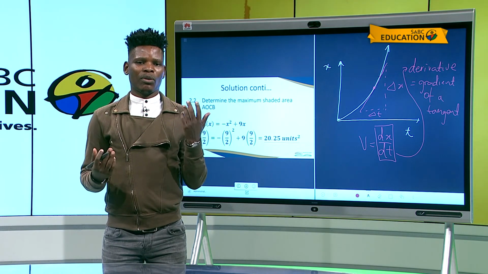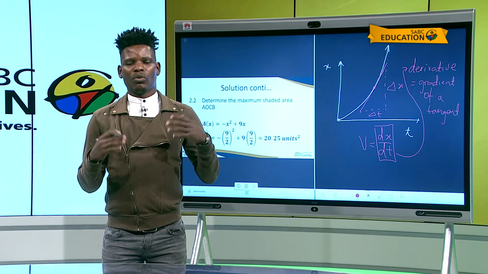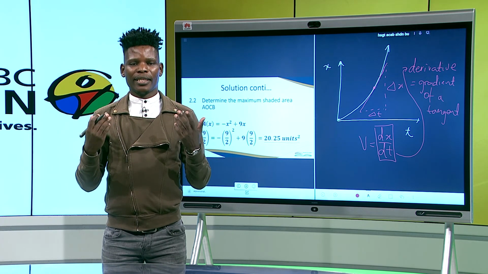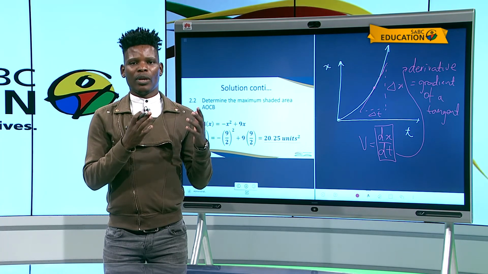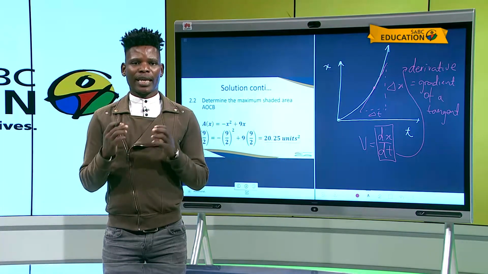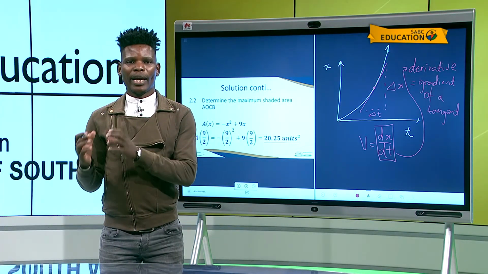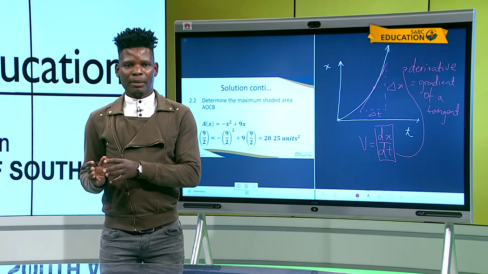Okay, to check whether you're going to have a minimum or maximum, you can always try the second derivative. So if the second derivative is less than 0, you will have a maximum. If the second derivative is greater than 0, you have a minimum.